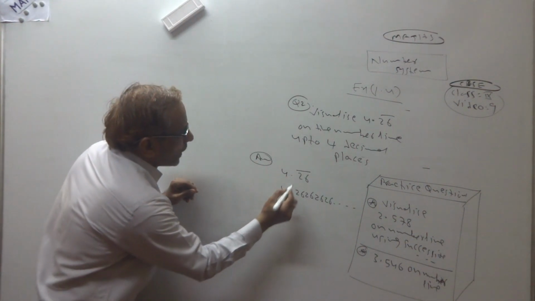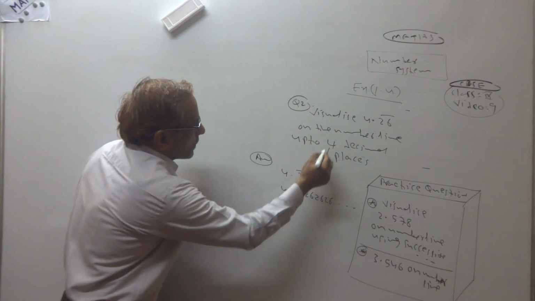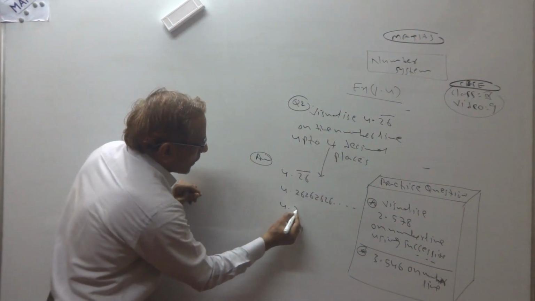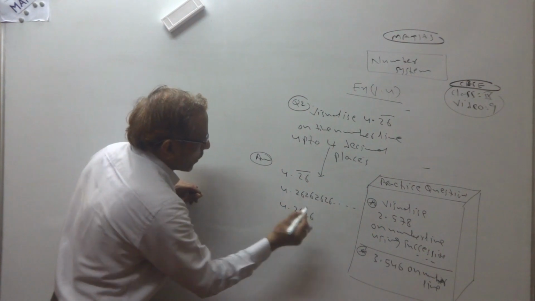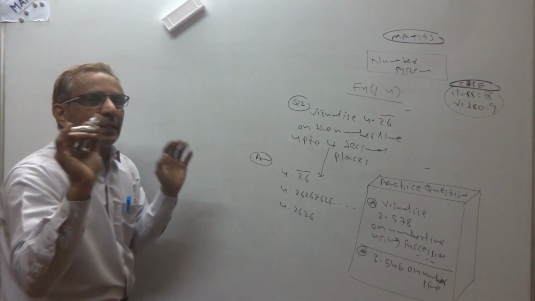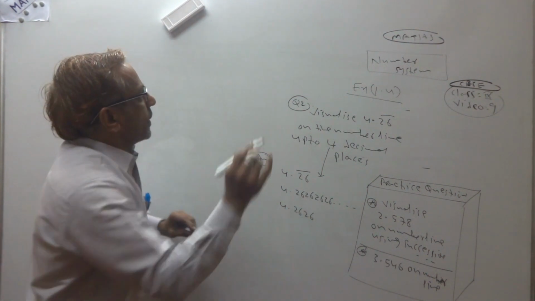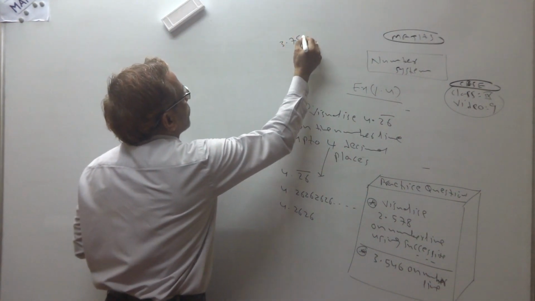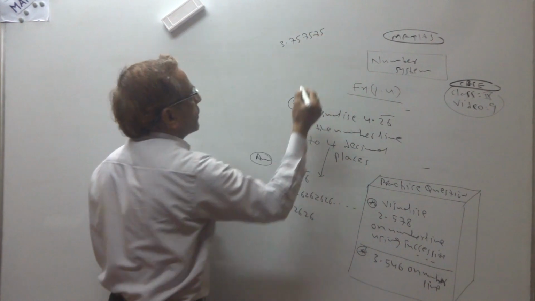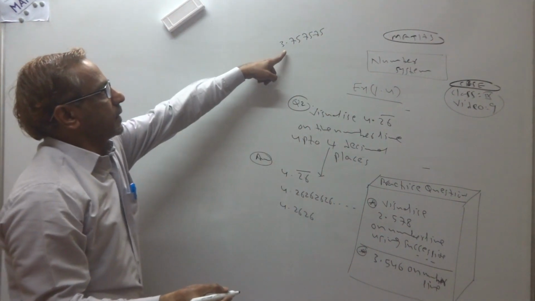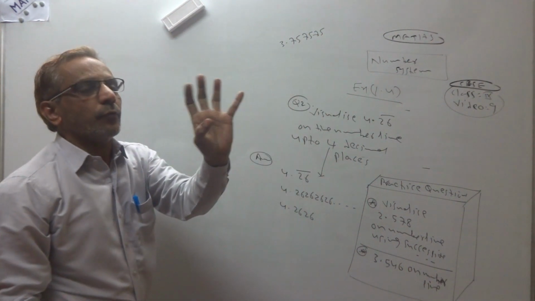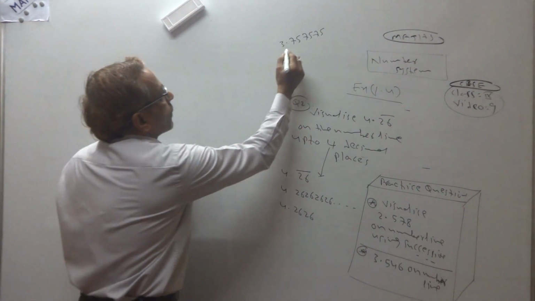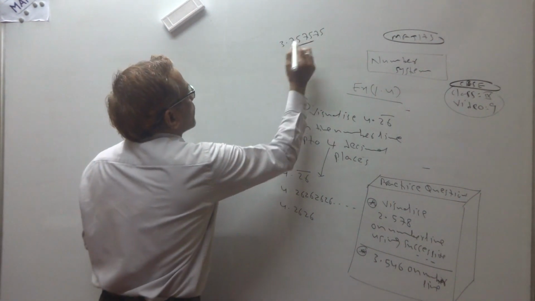Now, but we need up to 4 decimal places. So, I should take only 4 places. That's all. But one thing you should know. Please see. If it is 3.757575, you understand this? I want to take 4 places, right?